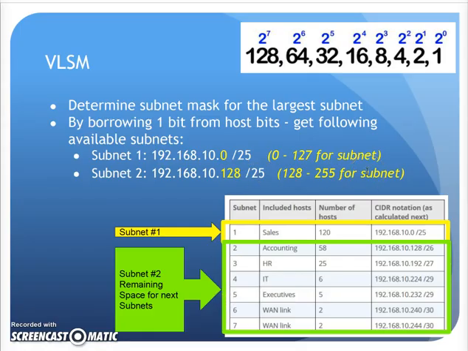So here's the example. They give it to you in just words, but they don't show it to you, so I broke it out to try to show you a little bit. For the first subnet, they say we need about 120 things hooked up. So I take my last octet and borrow 1 bit. When I borrow 1 bit, 2 to the 1 gives me 2 subnets. So the first subnet is about 128 numbers big.